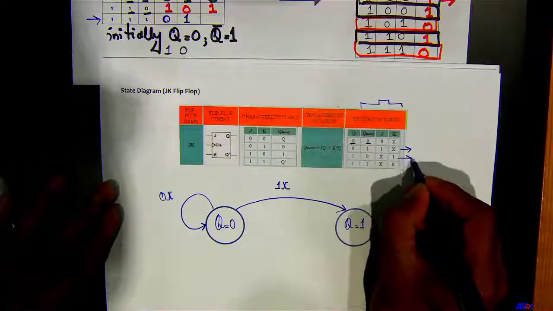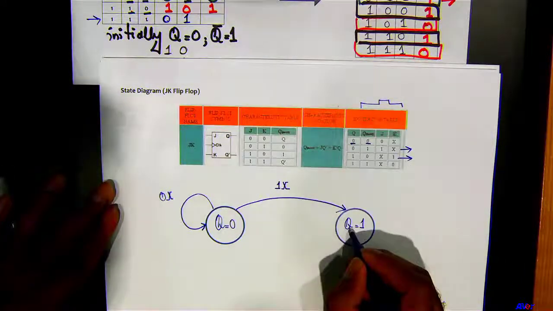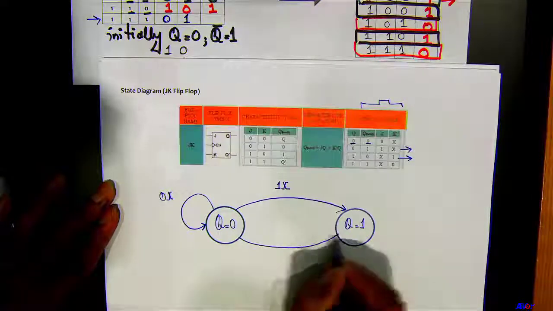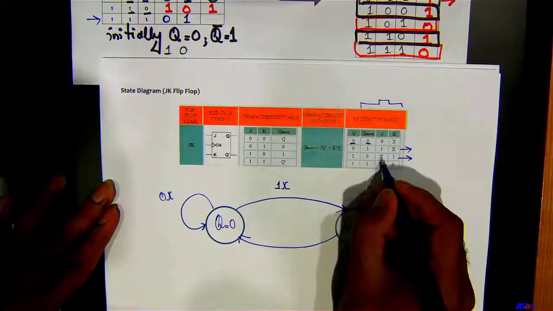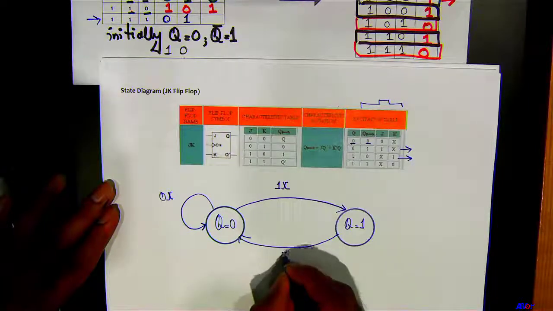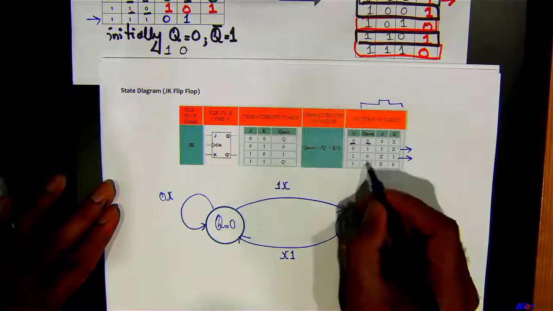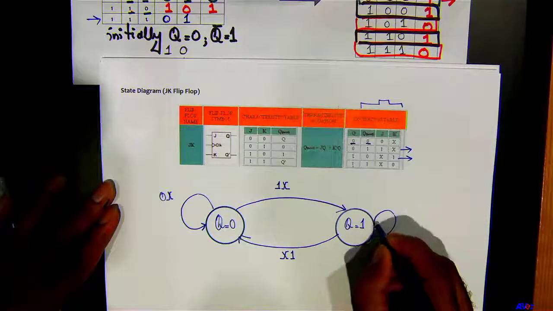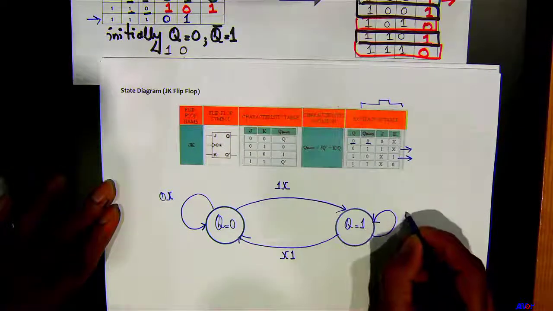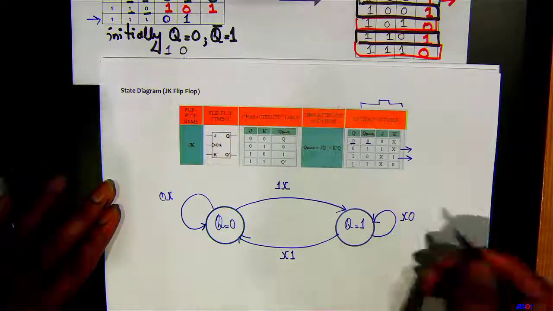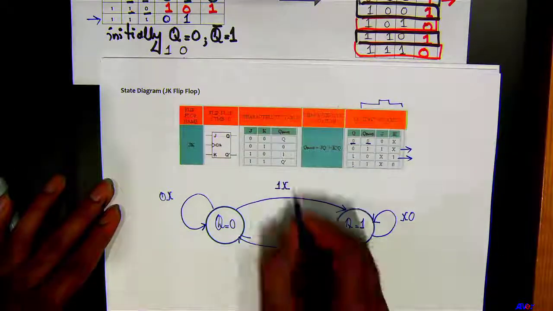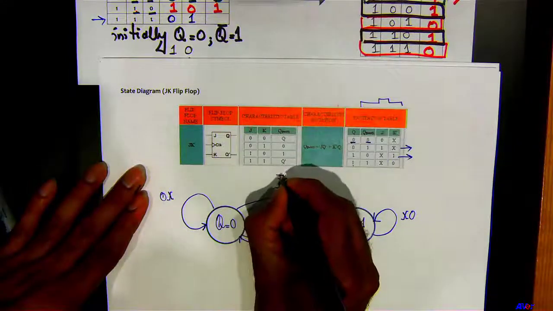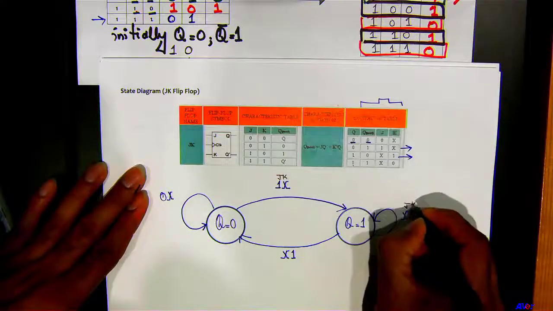And then moving on to here, when the present state is 1, the next state is 0 when J and K are don't care, 1. Present state is 1, it stays at 1 when don't care, 0. J is don't care. Obviously we know that this is J, this is K, this is J, this is K.